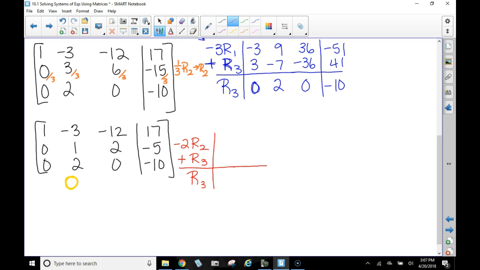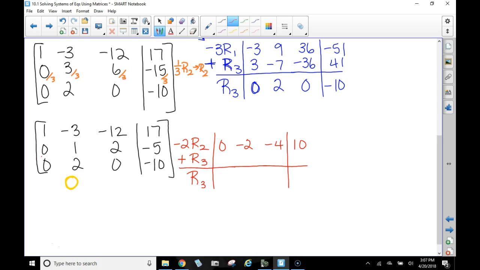Now, here we go. Negative 2 times row 2. Negative 2 times 0 is 0. Negative 2 times 1 is negative 2. Negative 2 times positive 2 is negative 4. We're going to augment that with negative 2 times negative 5 is positive 10. There's negative 2 times row 2.